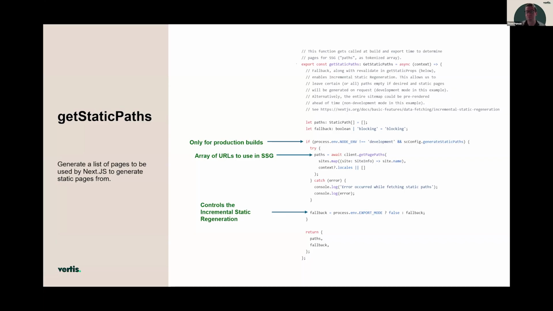Should it still go back to the server to request the URL, render that and serve it to the client, or do we just want to throw a 404 error? With the fallback, we can control that. As long as you keep it on blocking, it's fine. So if the URL is not there, it will still load the page as either SSR or CSR.